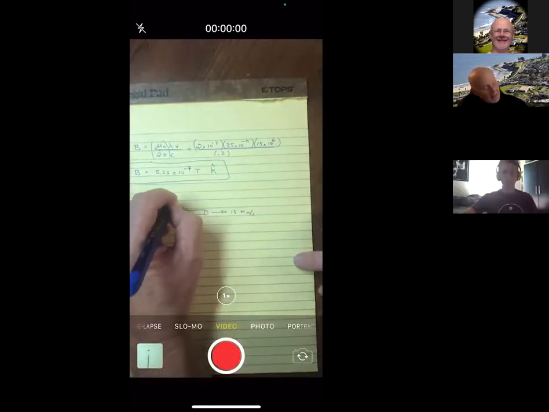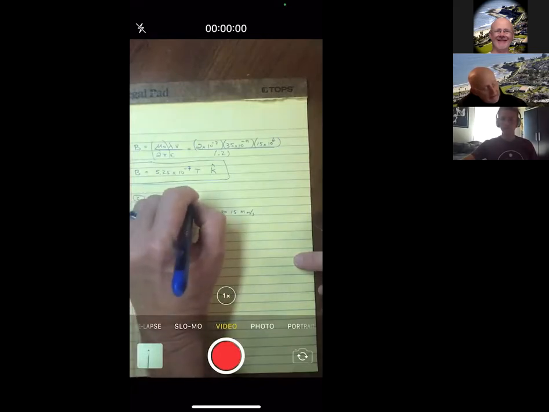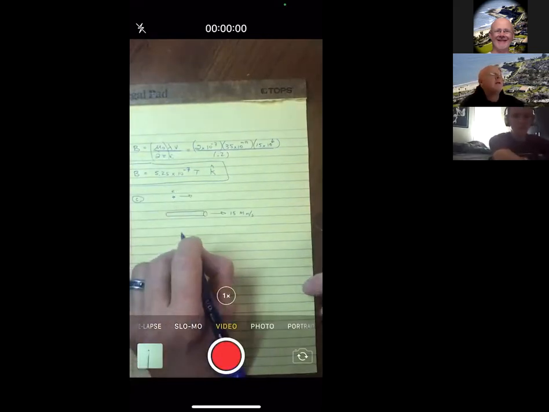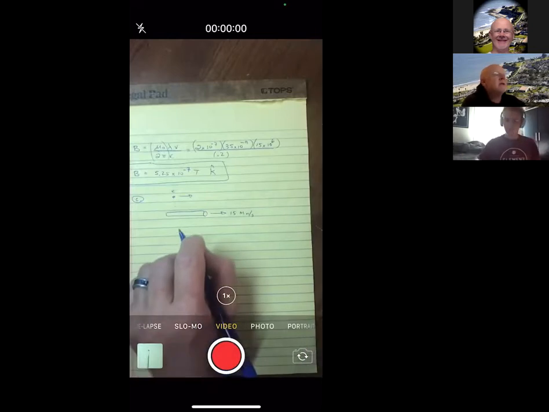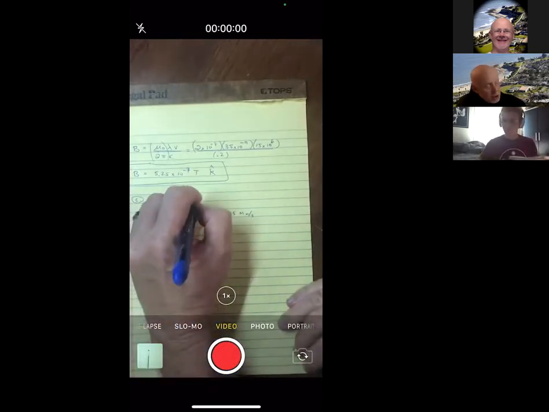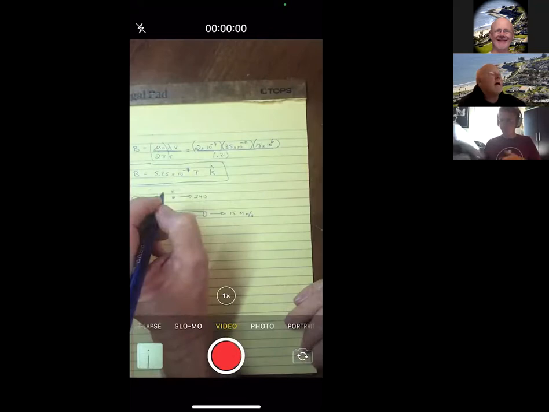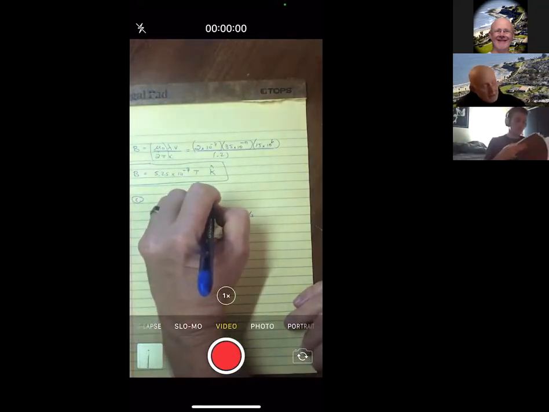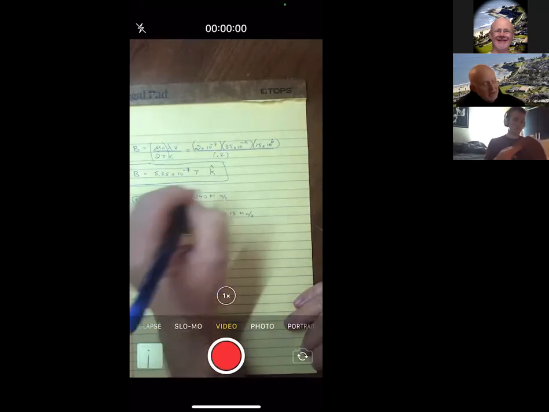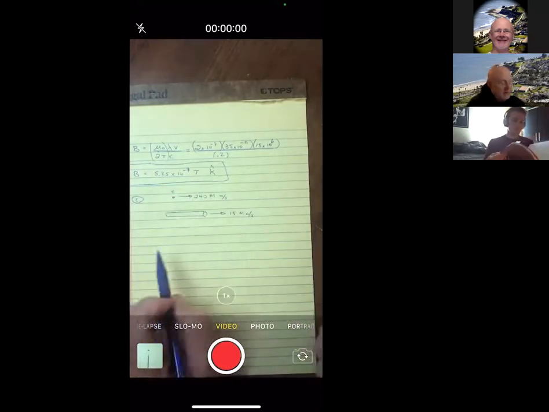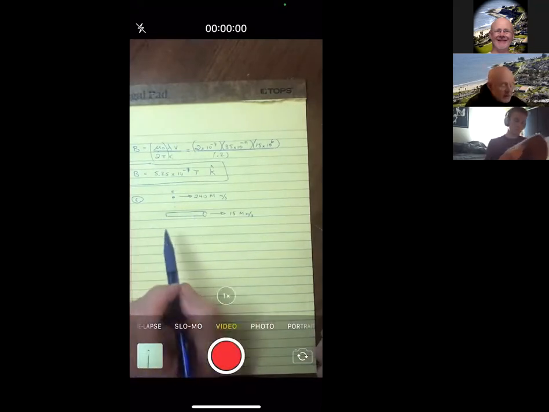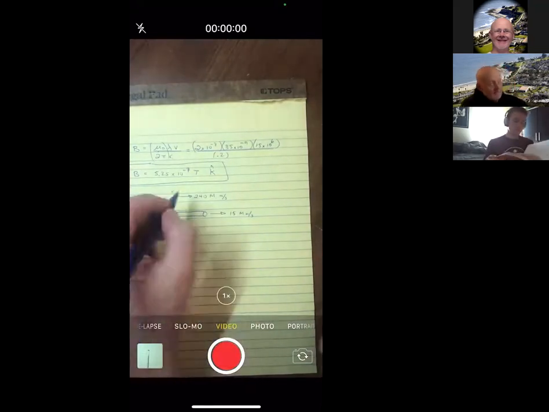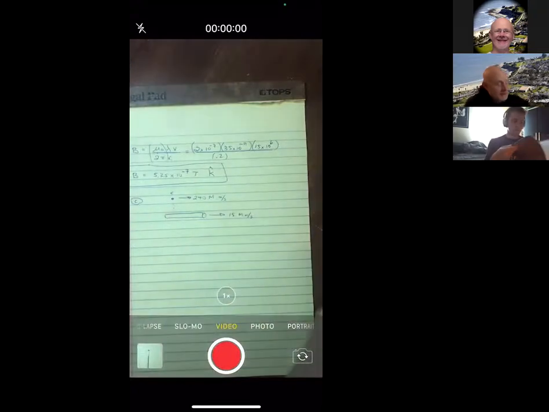We have up here a little electron that they say is also moving in the x-axis. Let's see, it's moving at 240 million meters per second in the x direction. So it's actually moving faster than the rod. Quite a bit faster than the rod, for sure.